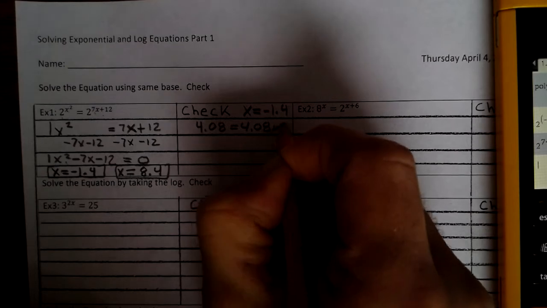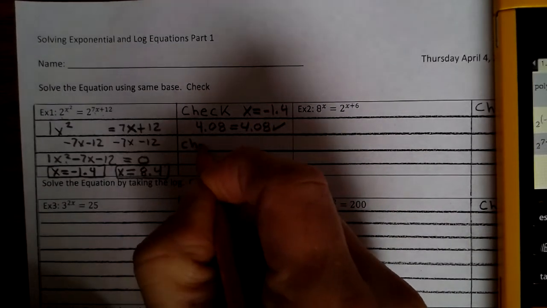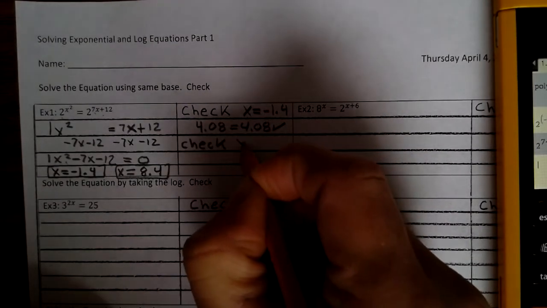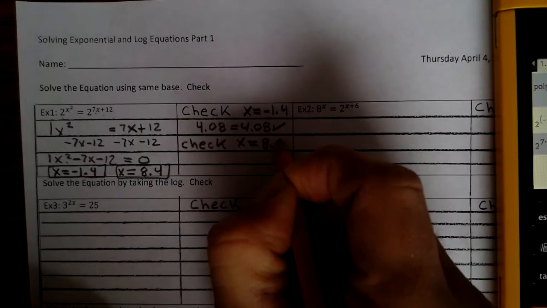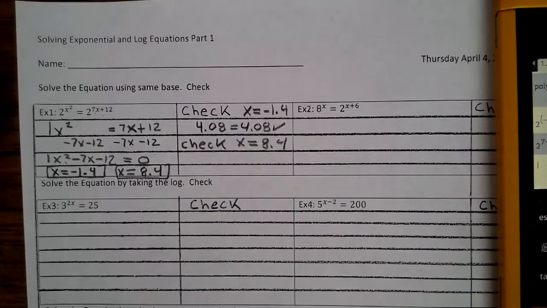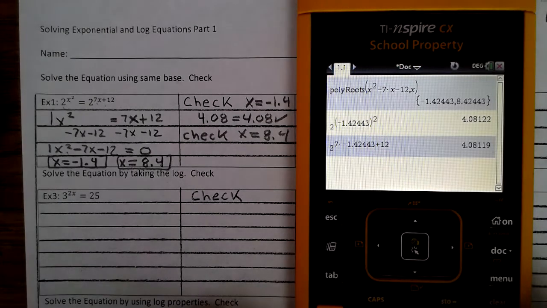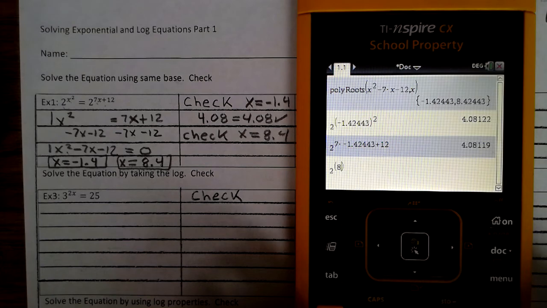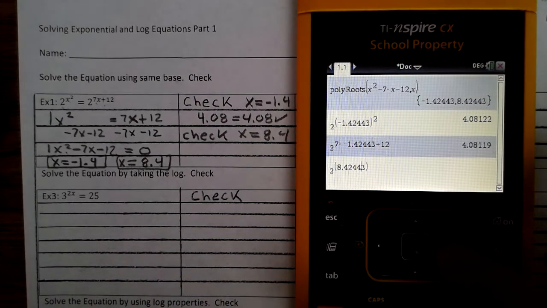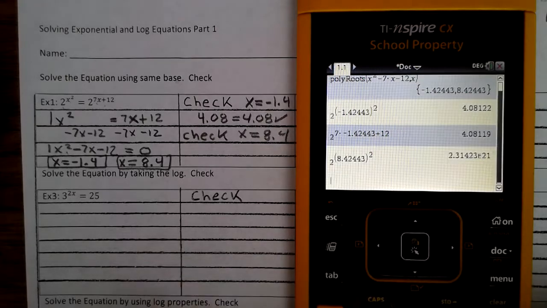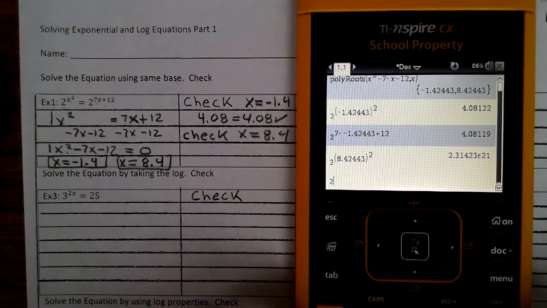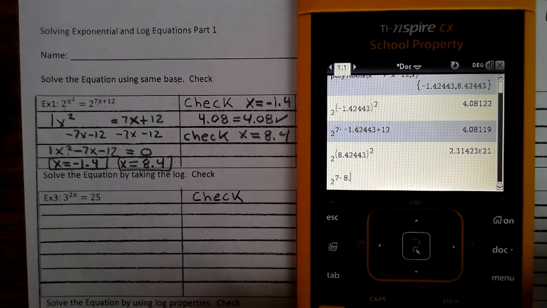So now let's check x equals 8.4. To do that, we're going to use a calculator. So we're going to do 2 raised to the parentheses, and again, we have to use the entire number, so 8.42443 squared, and then 2 raised to the 7 times 8.42443 plus 12.